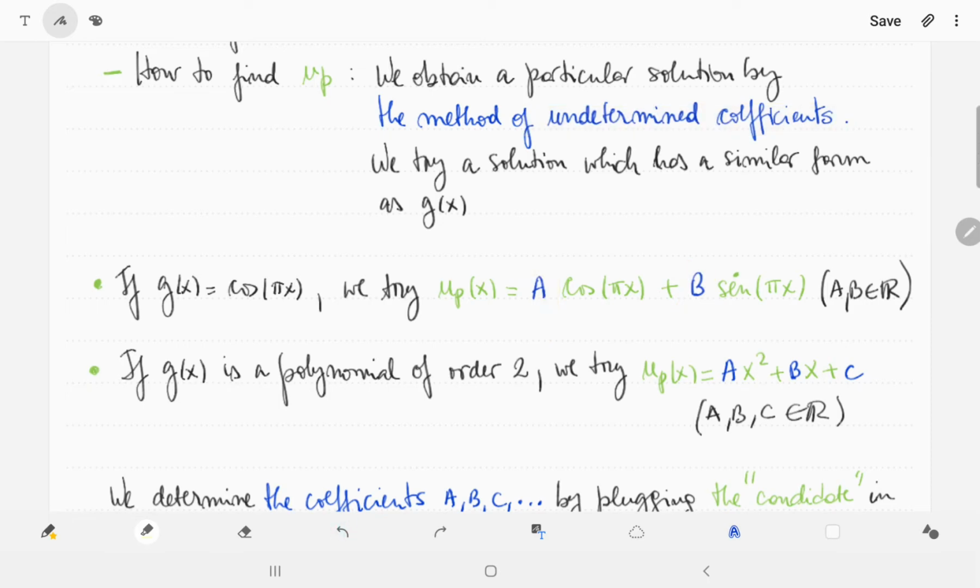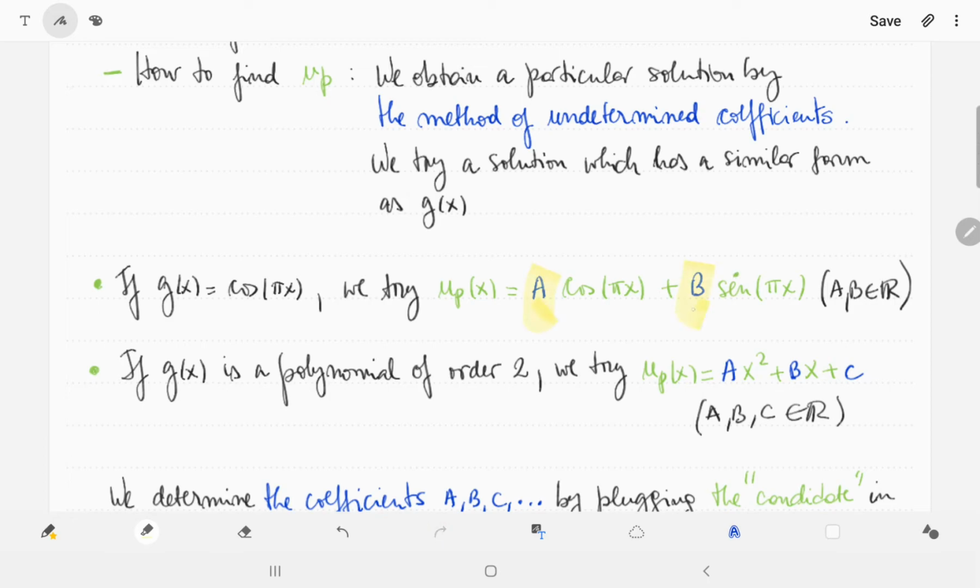So I look at the function g and propose something similar, and the coefficients appear here, because I'm not sure if I only take the cosine, maybe it's not the solution. So I have to include variables there, and these coefficients will be the variables.